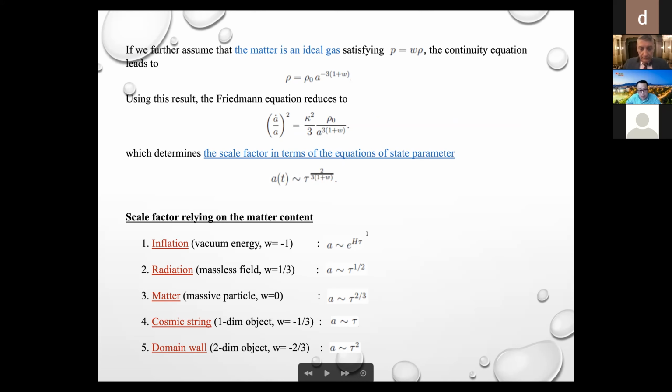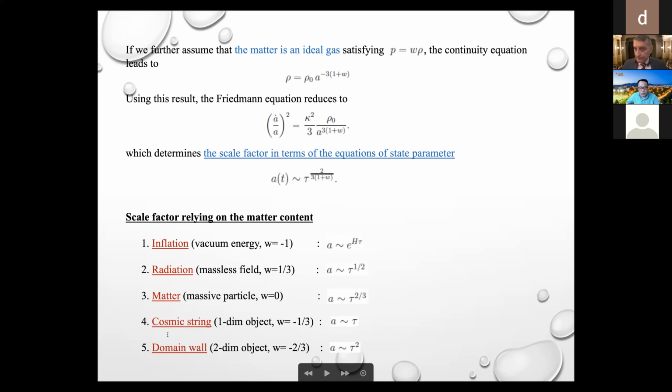There are some important cases. In the inflation case, this is the vacuum energy of the universe, and the equation of state parameter is -1. In the radiation case, this is a massless field, and the equation of state parameter is 1/3. In the matter case, this is a massive particle, which gives an equation of state parameter of 0.